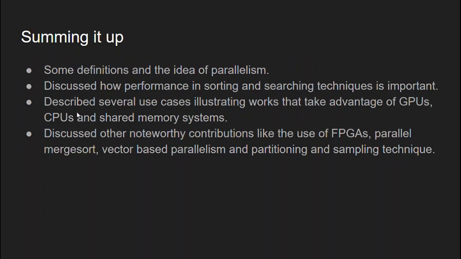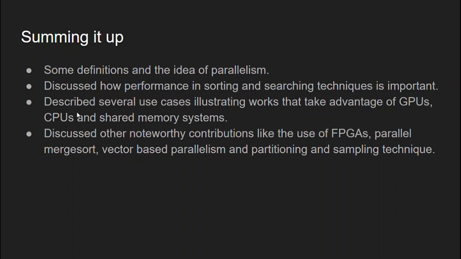We've discussed a lot related to sorting and searching parallel processing. So now let us sum it all up. We first went through some definitions that are important to understand the topic. Then we talked about the idea of parallelism. We also discussed how performance in sorting and searching algorithms is important.